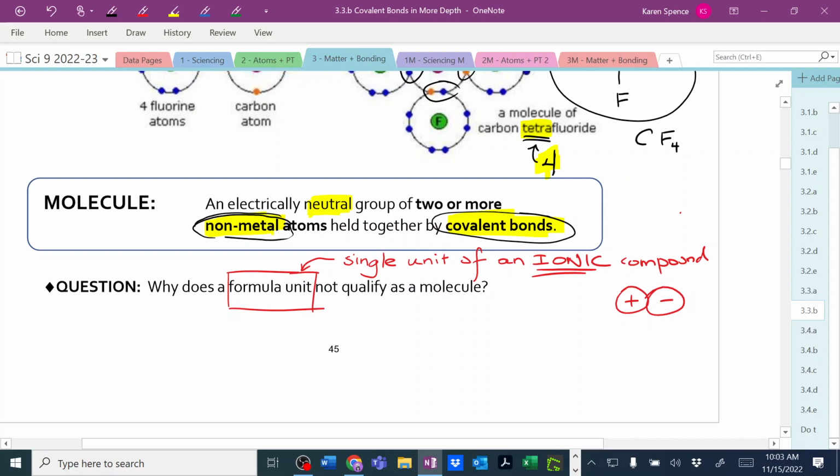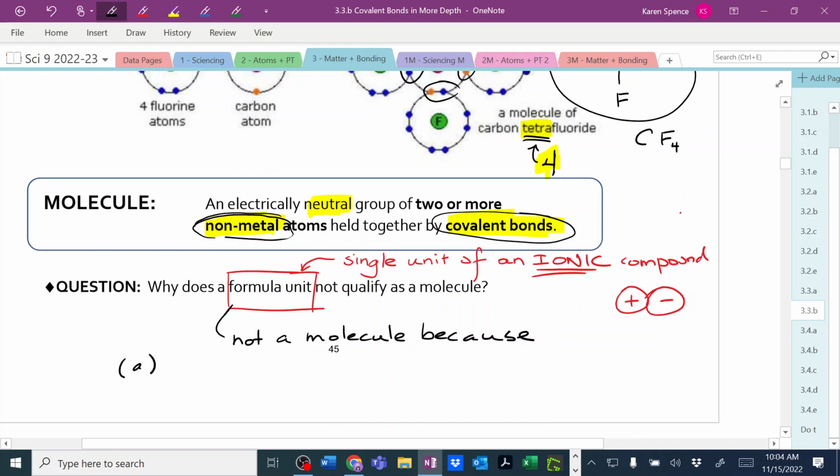What are ionic compounds made of? Metals and nonmetals, but what are molecules made of? Nonmetals and nonmetals, okay? So it's not a molecule because an ionic compound is a metal plus a nonmetal.